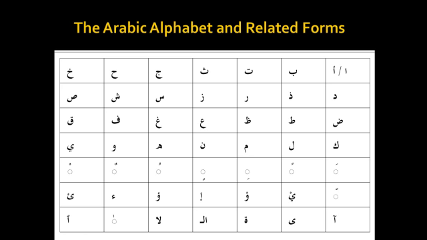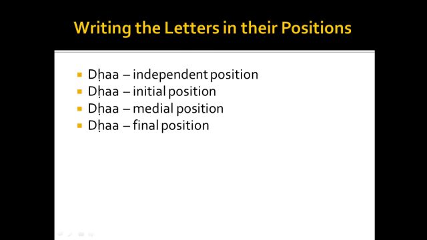So let's see where we're at in our alphabet here. Right now, we are at the Dha and the Fatha Tanween. Now let's look at the Dha in the different positions that the Dha can take in a word. So again, we have four positions. And the first one is the independent position.